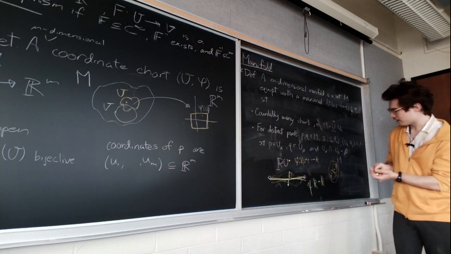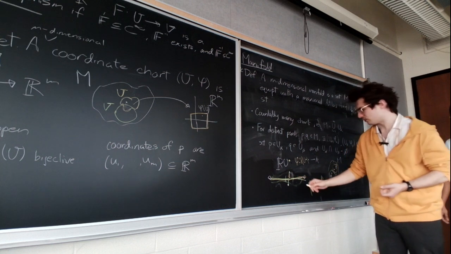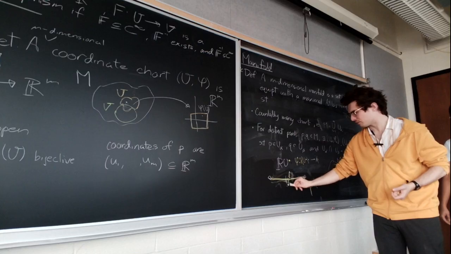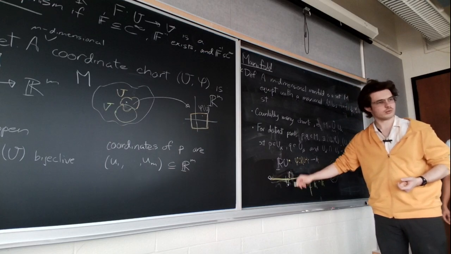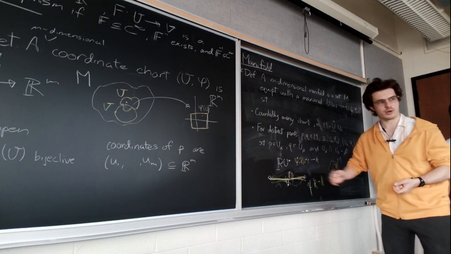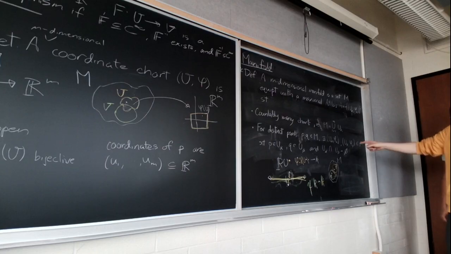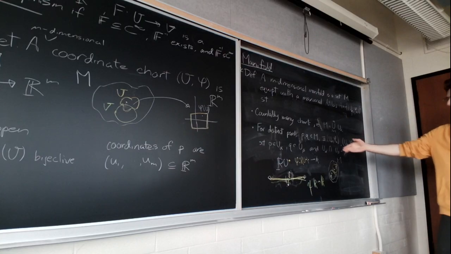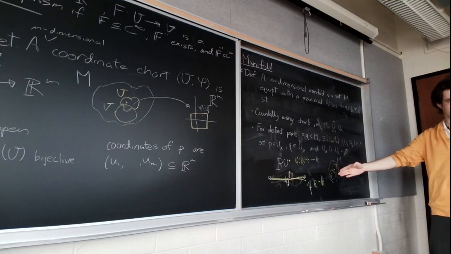Because if I draw a ball around this point versus a ball around this point, they will always intersect. So I want to say that there should always exist some open set around one point and an open set around the other point, so I can tell them apart. Do people see why we want this condition now, based on this example?